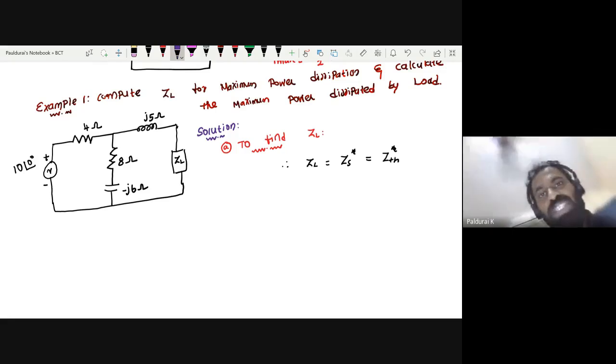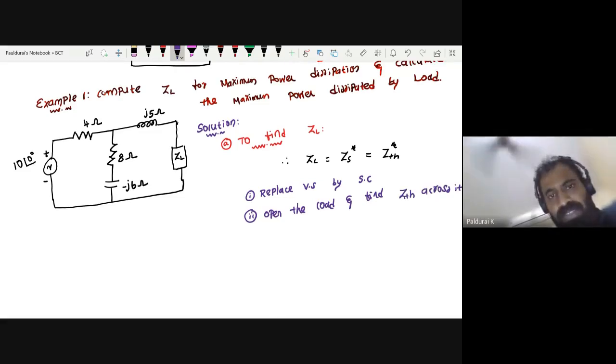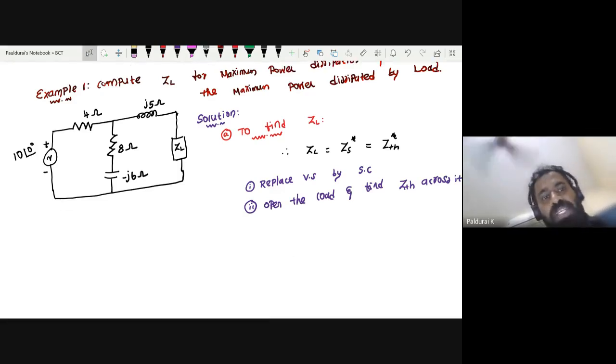What is the procedure to calculate it? First step, replace, in simple words, the voltage source by a short circuit. Second, open the load and find ZTH across it.